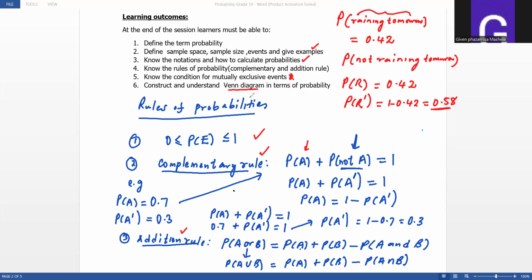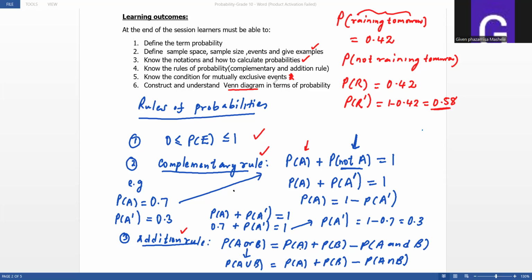A Venn diagram is just a way of representing information or data, like in terms of probability. But it can also be in terms of just the sample size, or in terms of the outcomes. Now I want to talk about it in the context of probability.